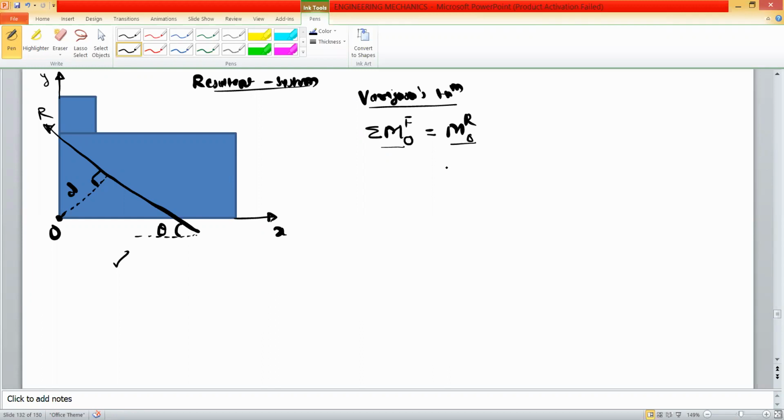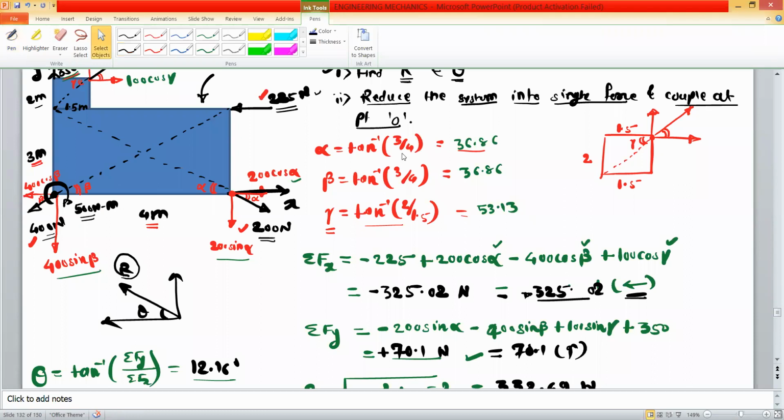Okay. So your right hand side equation, it will be resultant moment, so R into perpendicular distance d, and the sense of rotation by the resultant, it is in the anti-clockwise direction. Okay, so this is positive. Now refer the left hand side. So for left hand side, observe the given diagram.